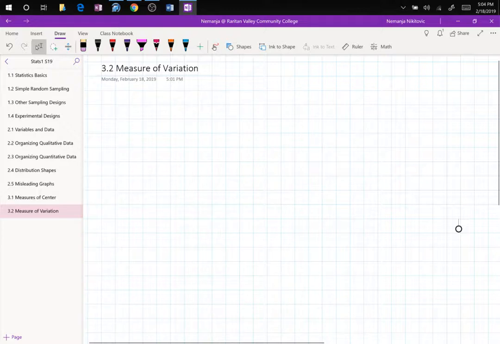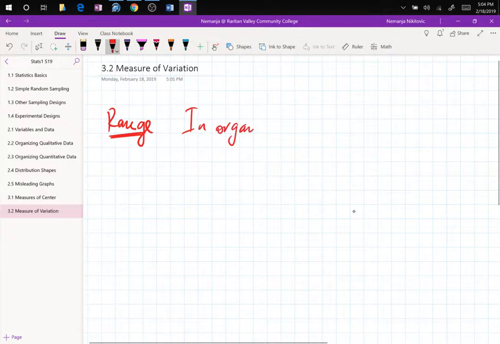So the first one is range. This would be the first measure of variation, and it simply goes in an organized data set. Every time I say organized data set, that means you have the smallest to largest value.